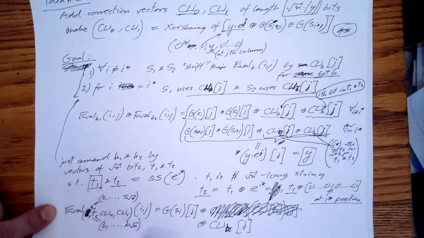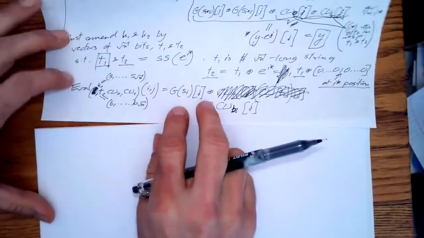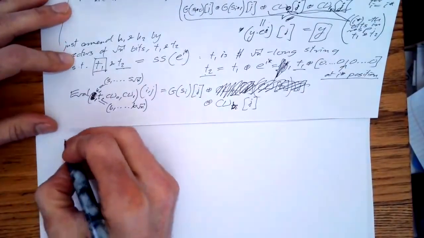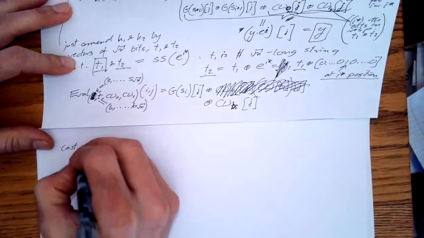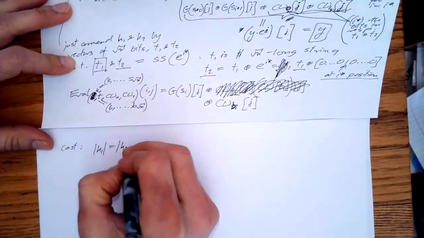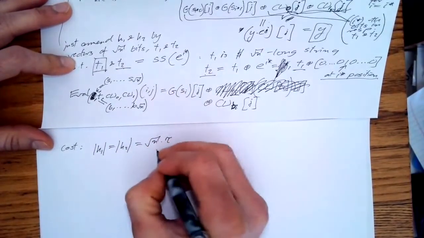So what did we gain? Okay, so far we have a square root solution. So the cost is the size of these keys. It's the square root of n times the security parameter.